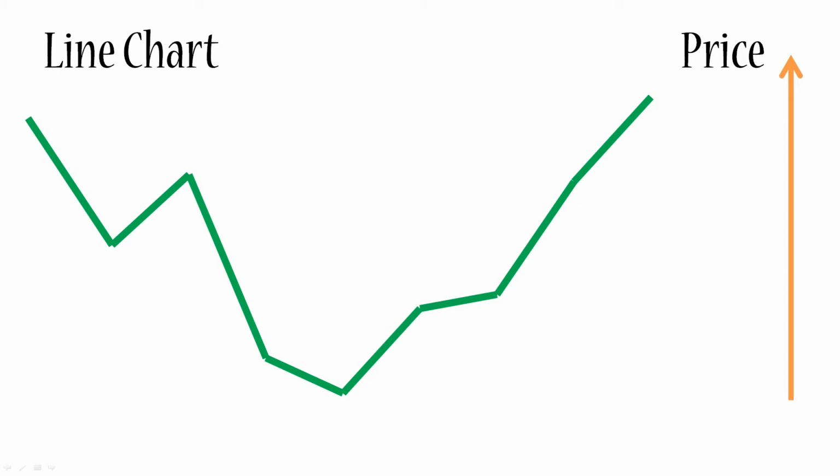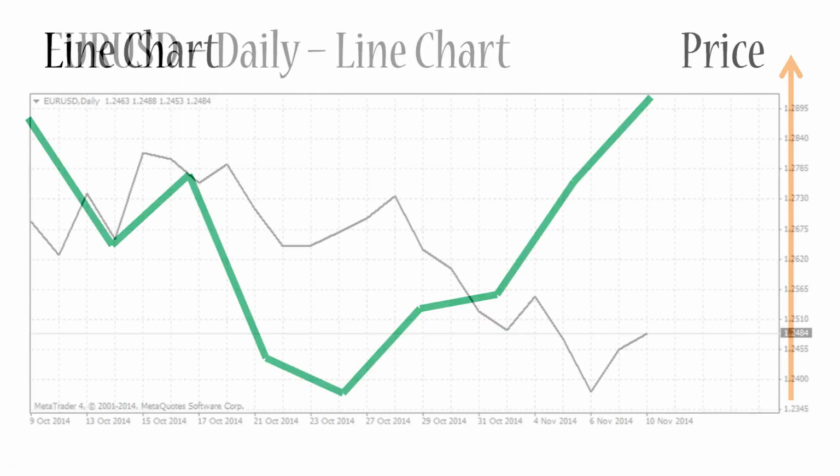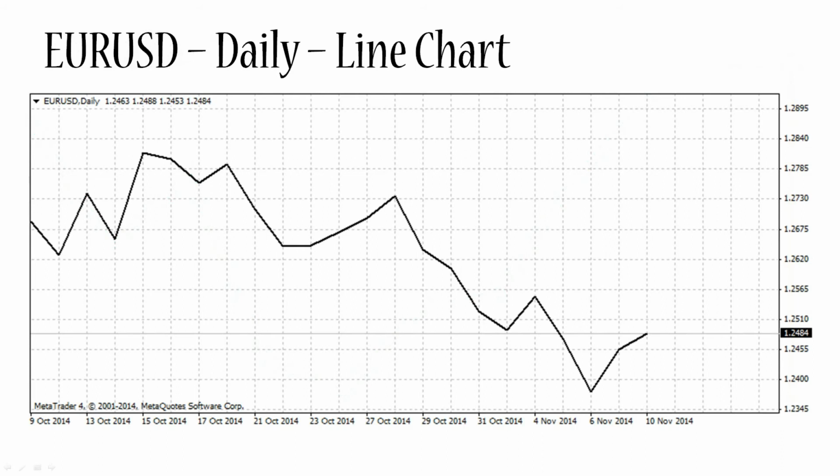Now let's have a look at a couple of real Forex charts. Here is the EURUSD daily line chart. So as you can see, this is just what we talked about, only the close prices for every single day. At the bottom you can see the days, on the right you can see the prices, but most importantly we can see the line chart, which is showing us that currently the EURUSD seems to be falling down.